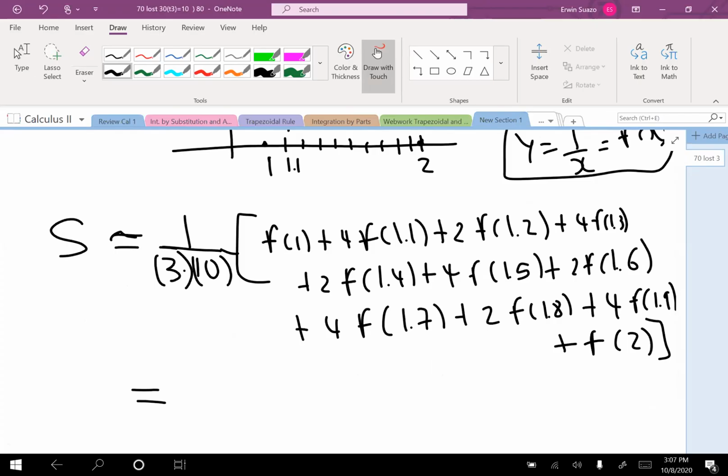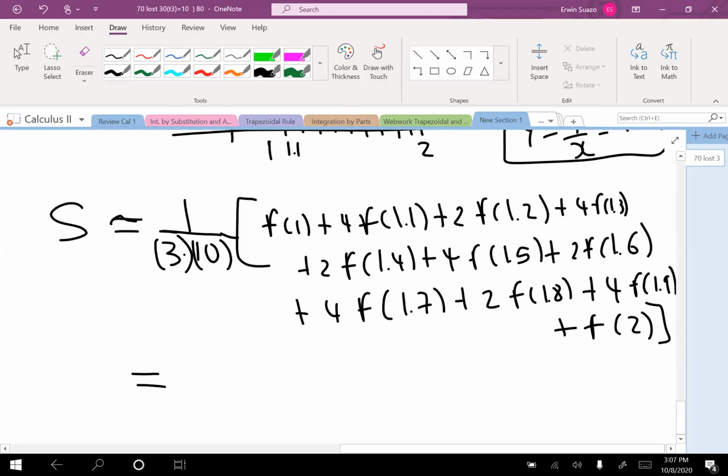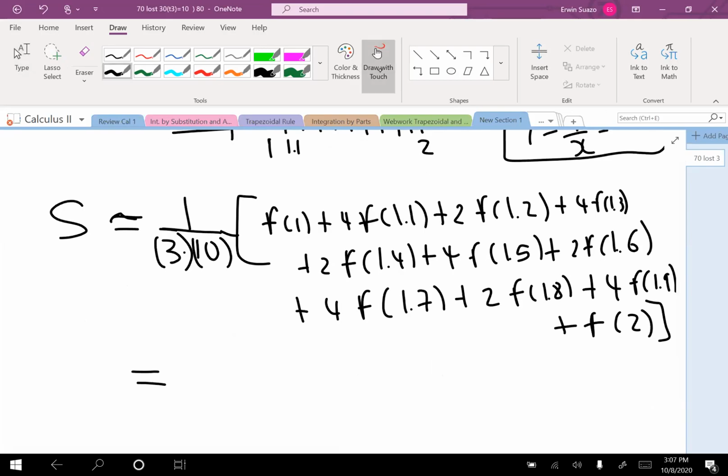The number you should get is something close to 1.4321. That's the length.